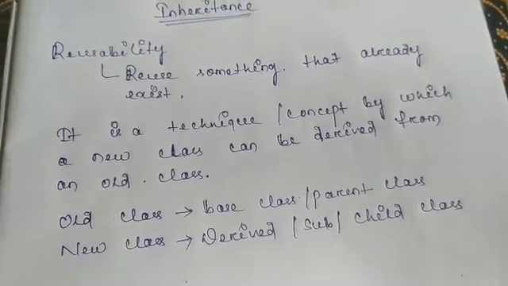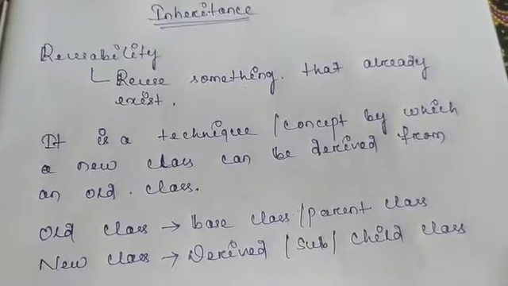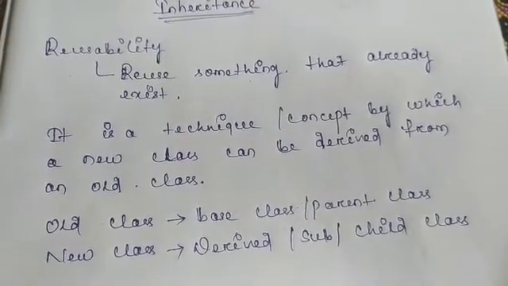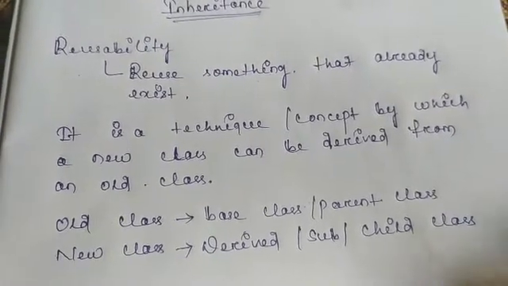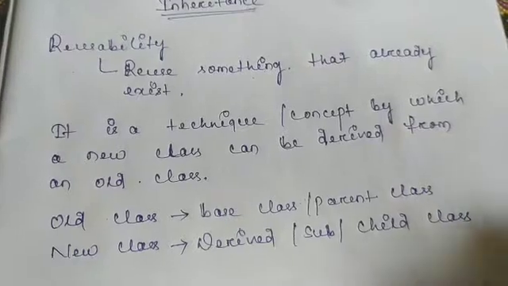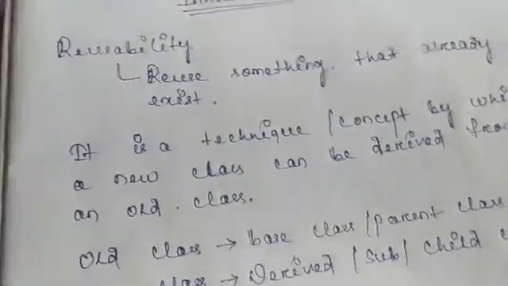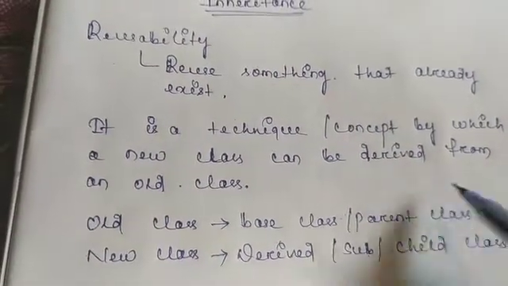This term is also used in biology, and in technical concepts also, but the mechanism is approximately the same, deriving some features from one to another. Then why is it used?